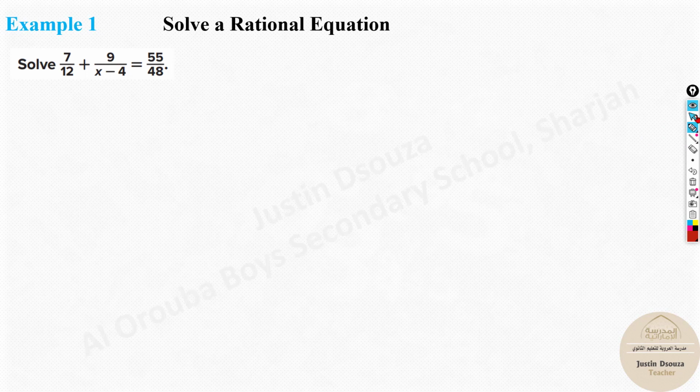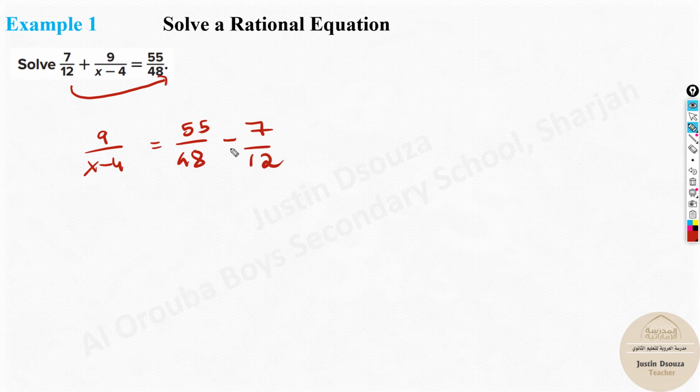Here, I'll take this to the other side. So it's going to be 9 by x minus 4 equal to 55 by 48, which remains as it is, minus 7 by 12.